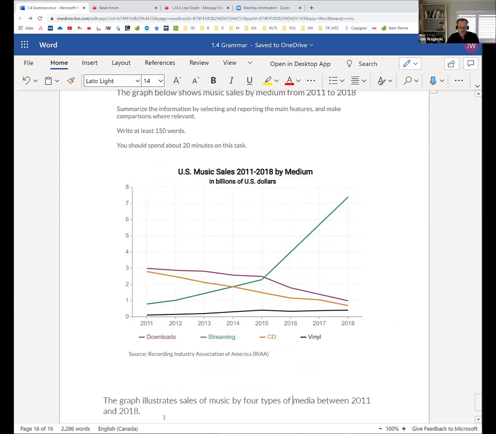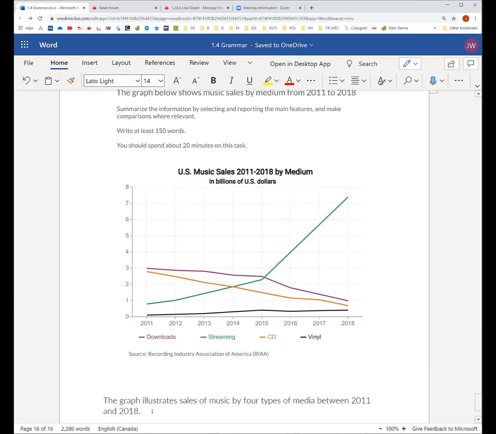All right, very nice. So it's going to have more detail than just that statement at the top that says the graph below shows. It's a combination of that plus the actual heading for the graph plus some of the information taken from the Y and X axes. Okay, good.